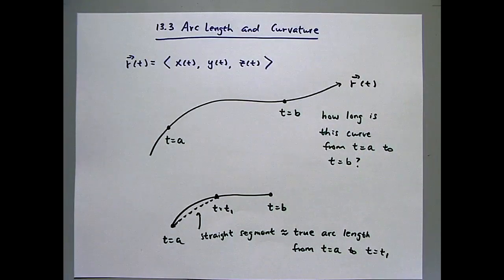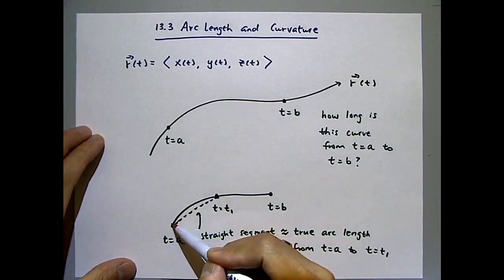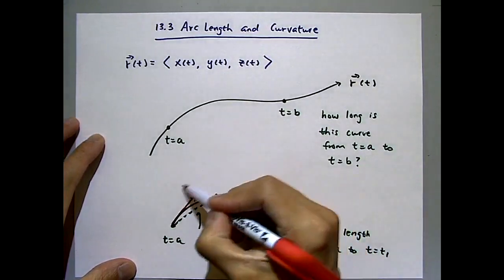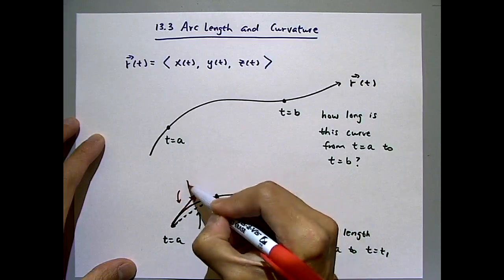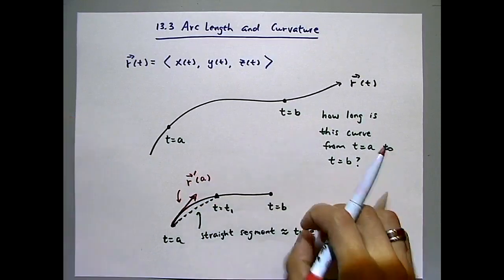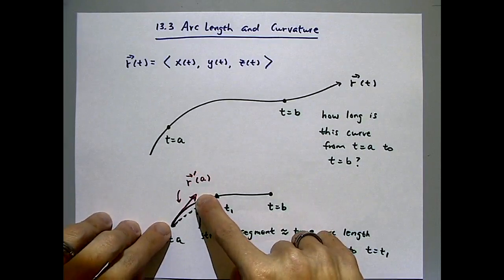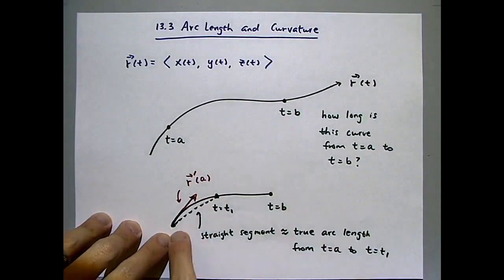And we know how to calculate this thing right here. If I take the derivative at t is equal to a, this is r prime of a, right? If I take the magnitude of this and multiply by the change in time, that will roughly give me the straight segment.